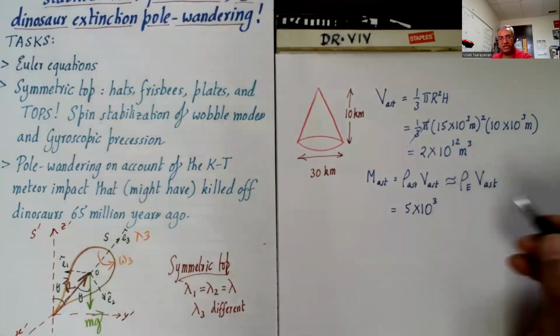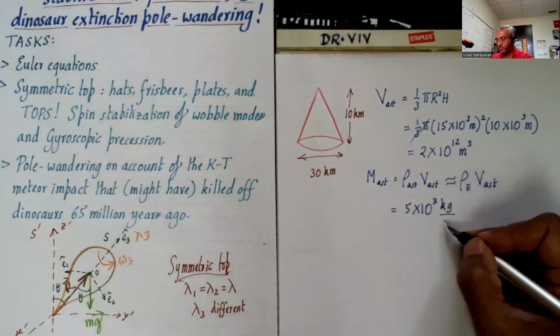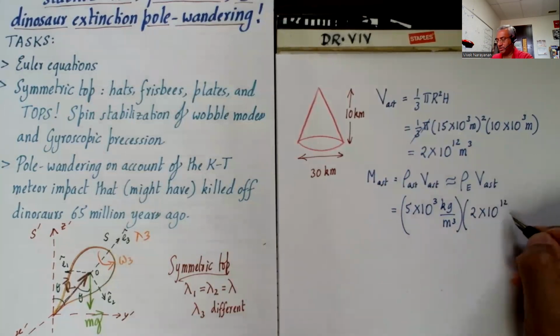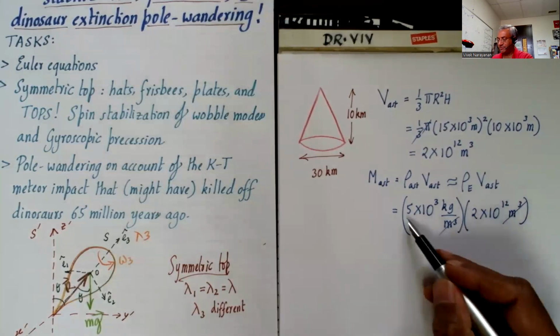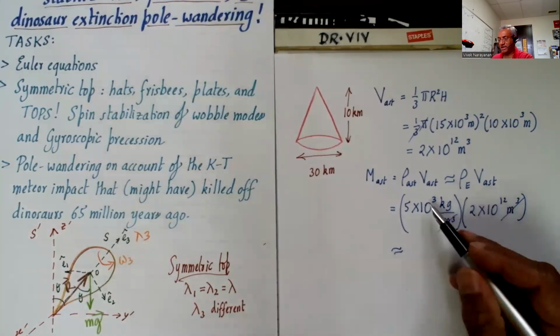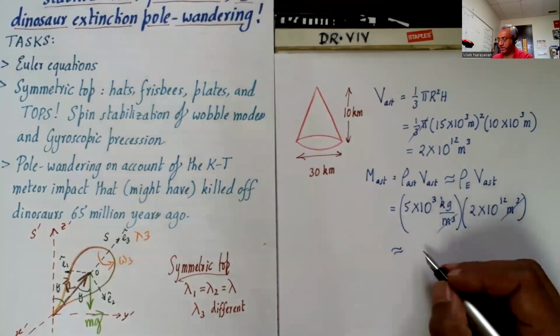But if you want to write it in kg per cubic meter, you're going to write it as 5,000 kg per cubic meter. The asteroid volume is up there, 2 times 10 to the 12. So miraculously, it all works out because 5 times 2 is 10. And so that's going to be 10 times 3 times 10 to the 3, which is 10 to the 4, plus 12, 10 to the 16.